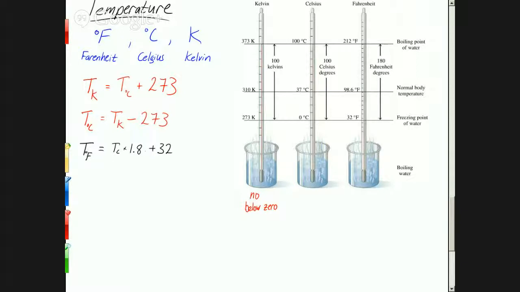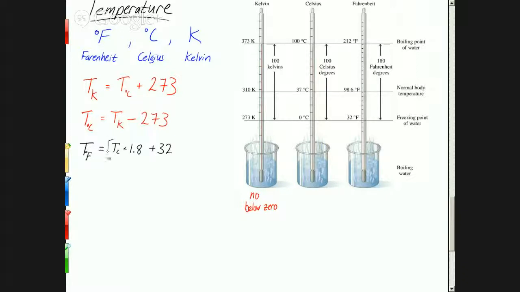And I always get these mixed up, so let me make sure I'm right with this. For some reason, this is something that always messes up my head. Yeah, that's right. Okay. So the temperature in Fahrenheit, and remember your order of operations from math.